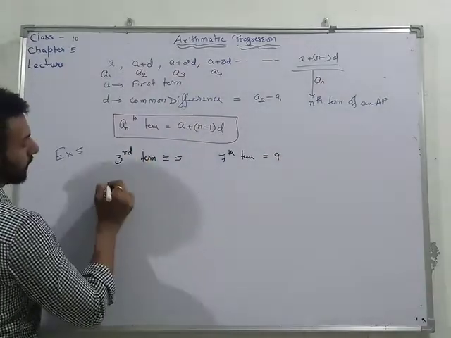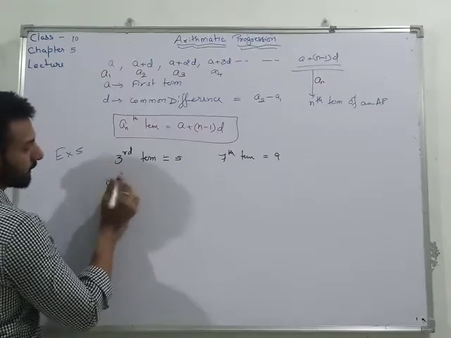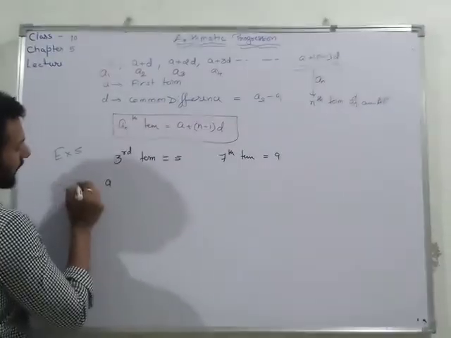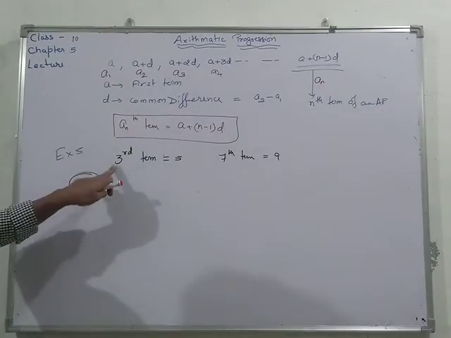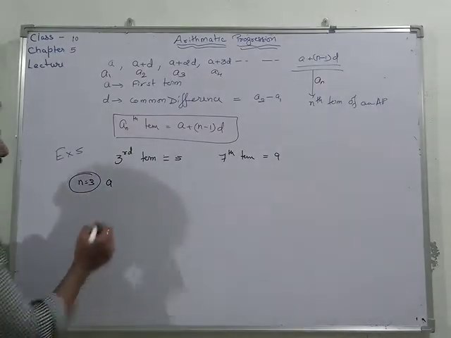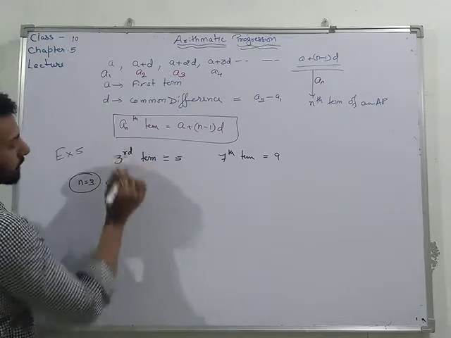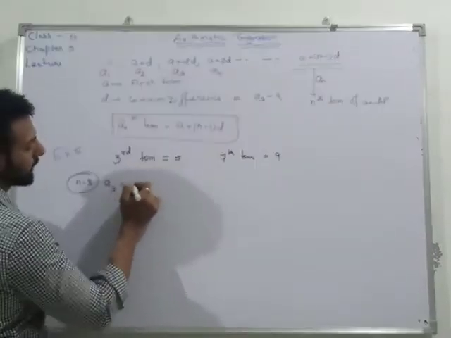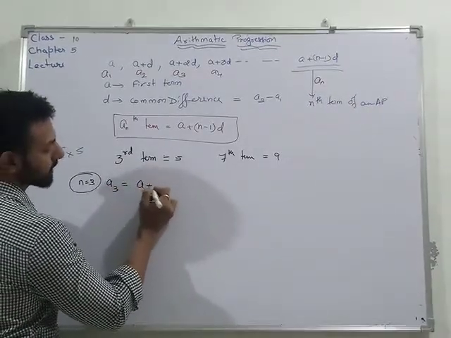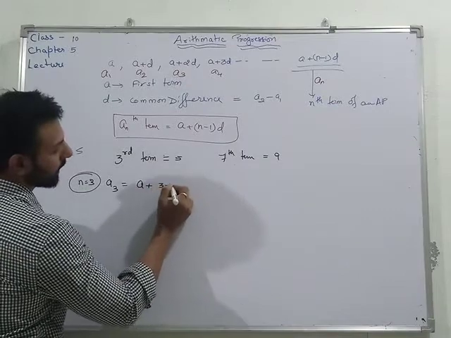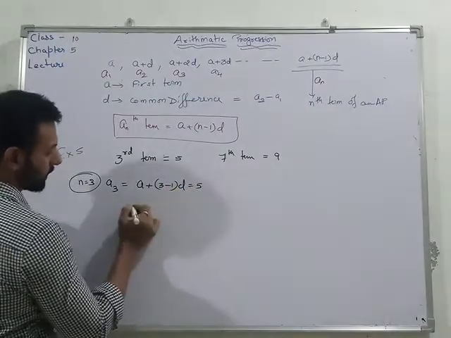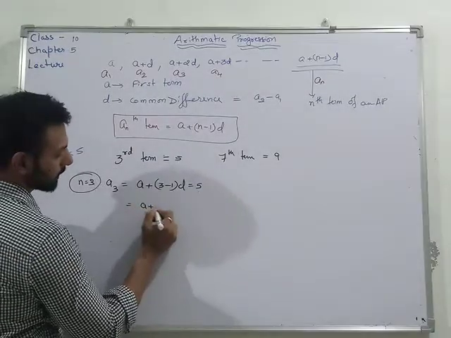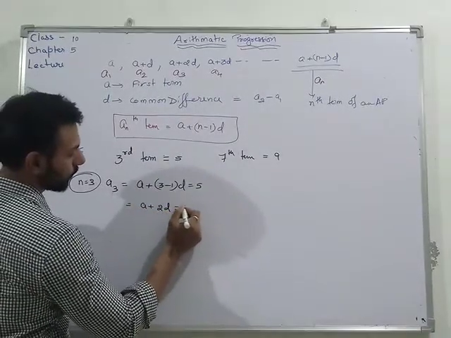Applying the nth term formula, a3. Third term means n is equal to 3. Substituting the value, a3 is equal to a plus 3 minus 1 into d is equal to 5. This will be a plus 2d is equal to 5.